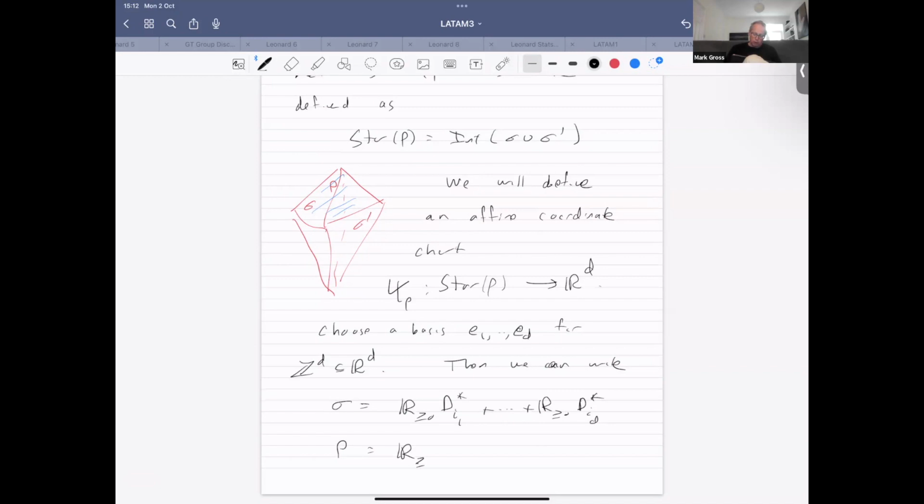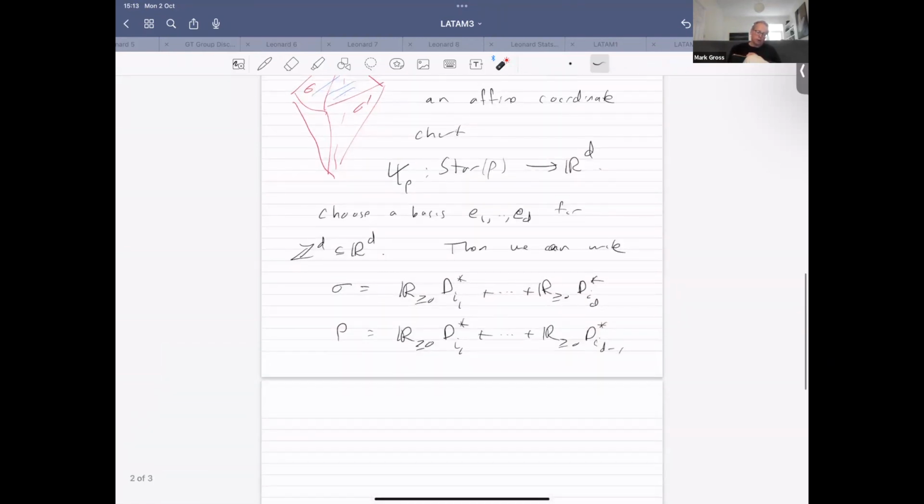So rho is r greater equal to 0 d_i1 star plus dot dot dot plus r greater equal to 0 d_i(d-1) star. That makes sense because these are all standard cones spanned by basis vectors of Z^d dual, and rho is a codimension one face of sigma, so I can take a generating set for rho and extend it to a generating set for sigma.